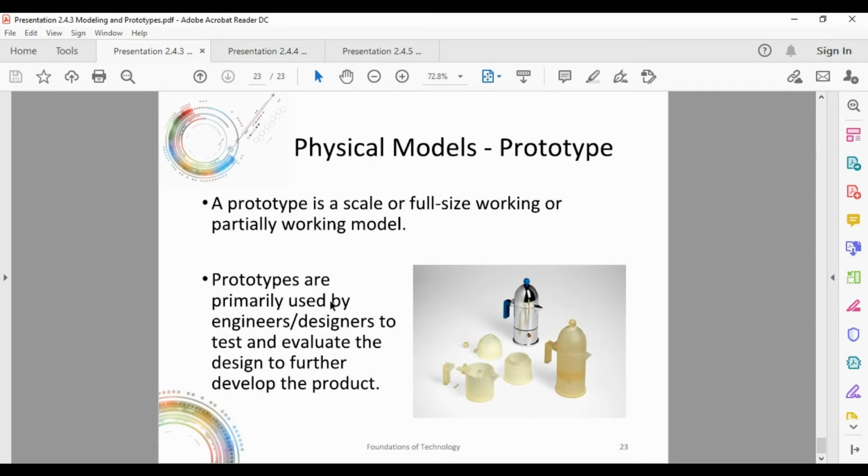And prototypes are used by engineers and designers to test and evaluate the design to further develop the product. So when you create your prototype, you're almost guaranteed not to be done yet. That's something that you do have to keep in mind. You're not actually done. You're just testing it out to see where you need to go from there.